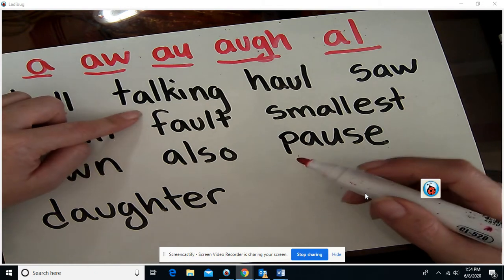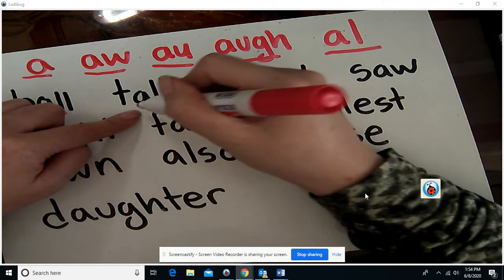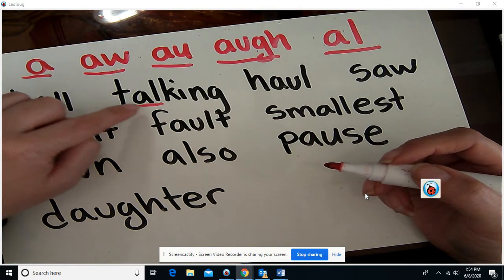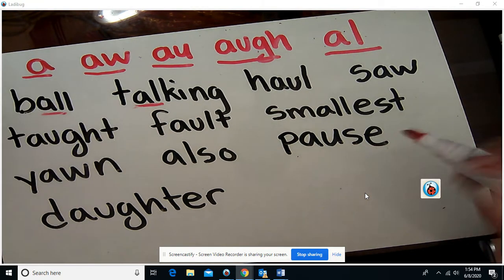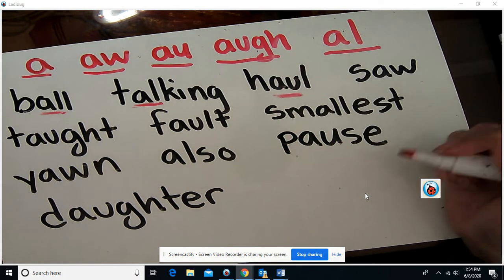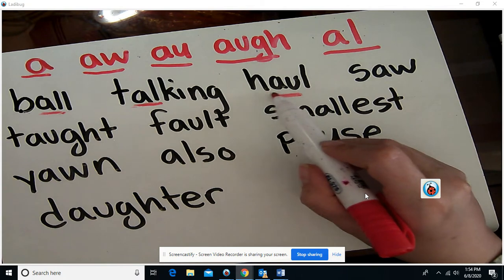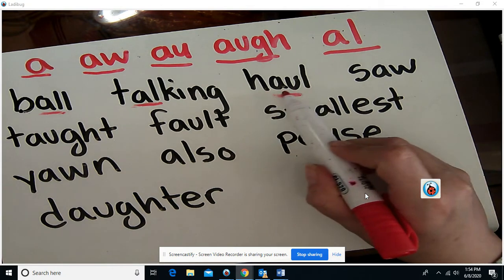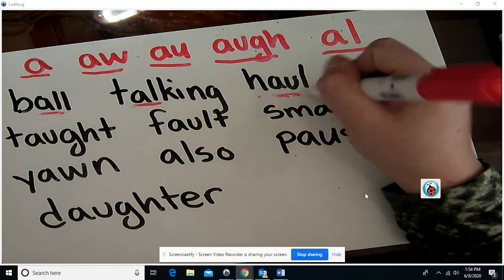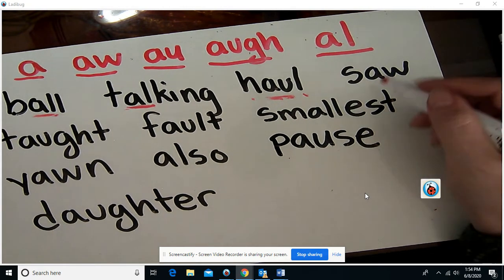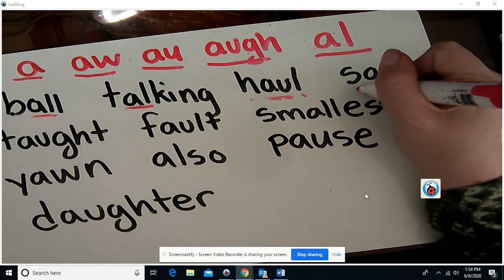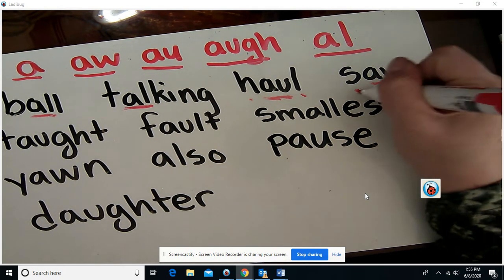And we said talking, that A and that L sound like ah, talking. Over here we have hall, so that A and that U sound like ah, hall. It has three sounds, h, ah, l, hall. And then we have saw, AW makes that ah sound, so we have two sounds, saw.